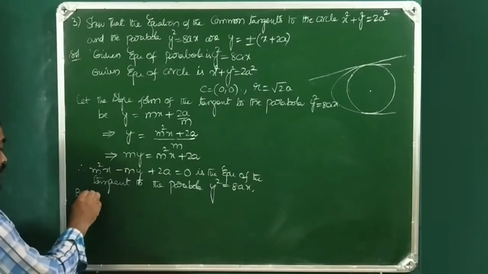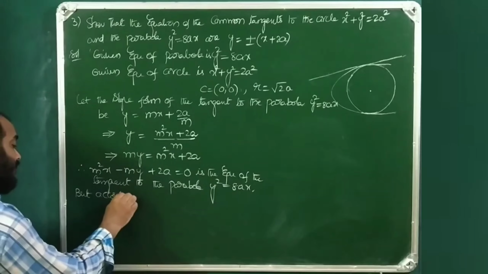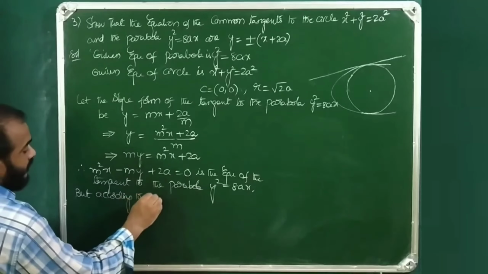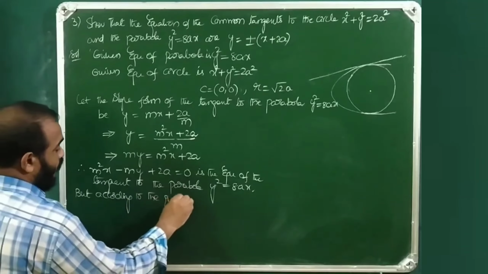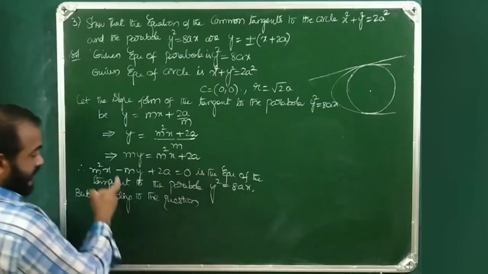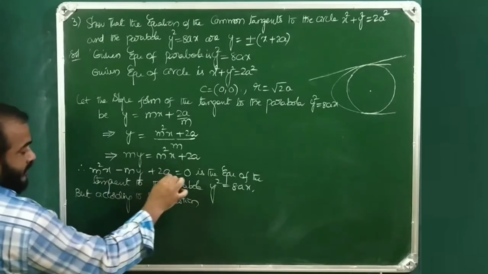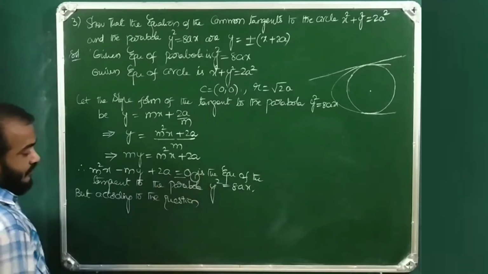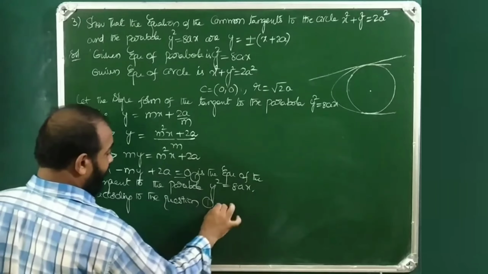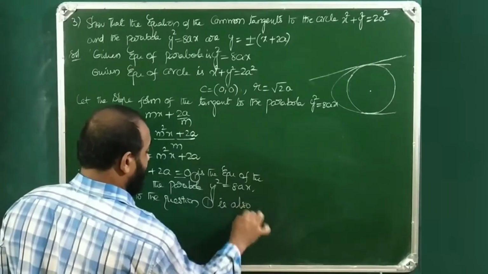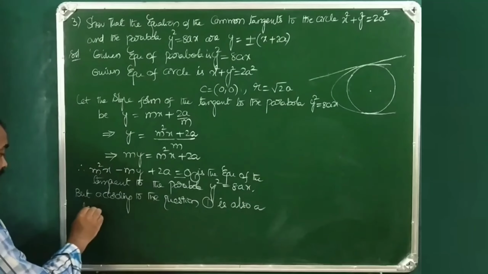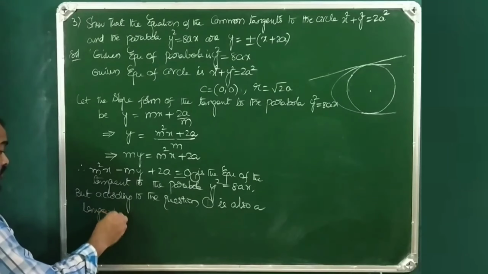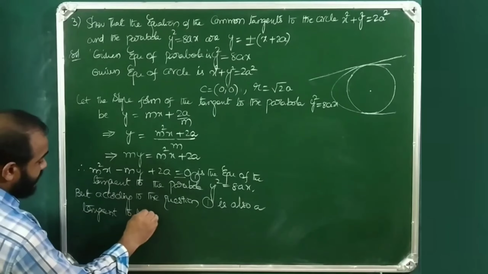But according to the question, let us suppose that this is first equation. According to the question, 1 is also a tangent to the circle.